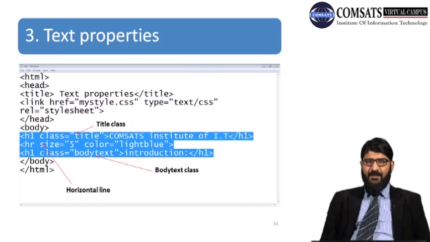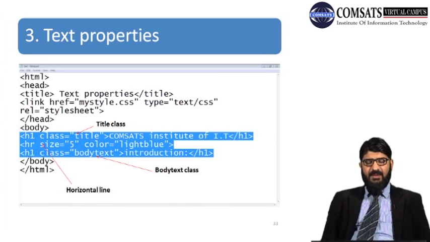So now see the example, that is the CSS file we have created. Now we will use that CSS file in our HTML file. So HTML head is started, and then title, text properties, the title tag is ended, and now we are linking that particular style sheet, mystyle.css.